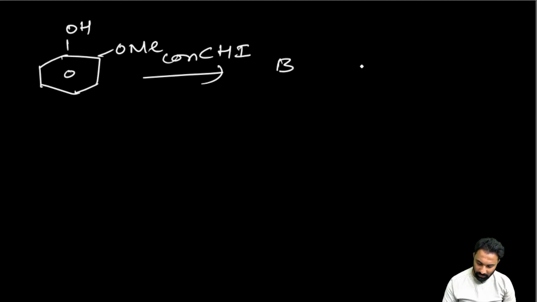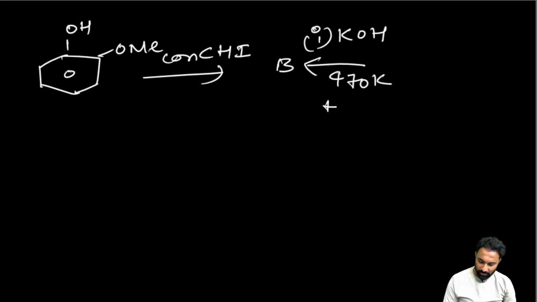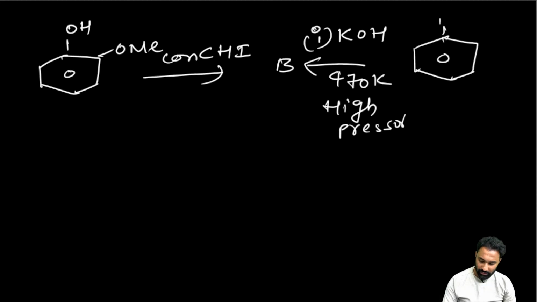This B we can prepare from the first one, KOH, 470 Kelvin, high pressure. This B we can prepare with this reagent also, 1,2 dibromo benzene.